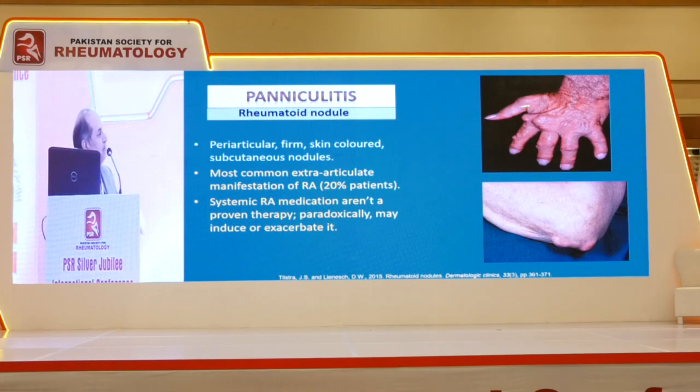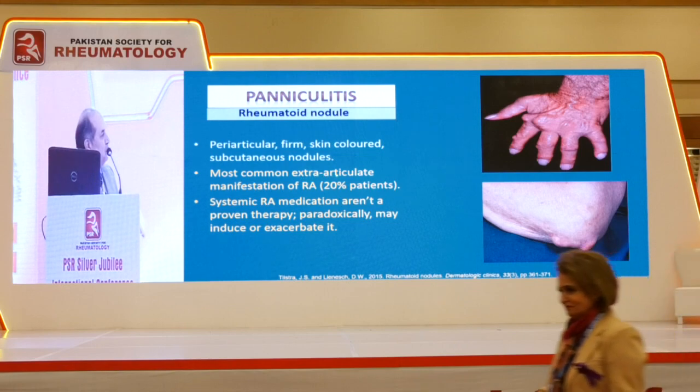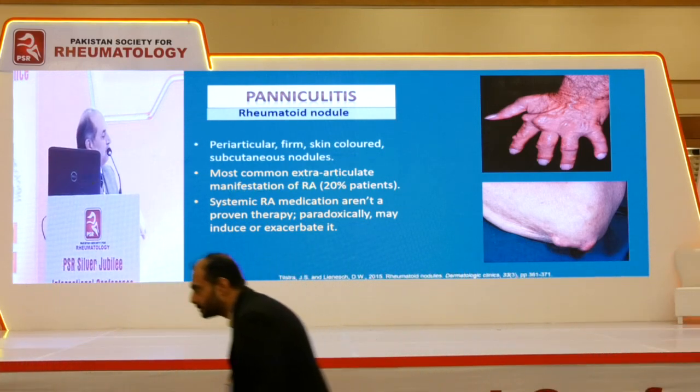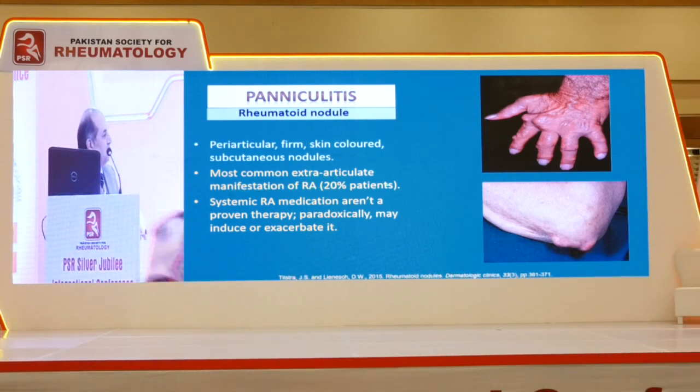Rheumatoid nodules, periauricular nodules: rheumatoid nodules are a sort of panniculitis basically. This is the most common extra-articular manifestation of rheumatoid arthritis, in 20% of patients. Systemic iron medications are not a proven therapy, and paradoxically may induce or exacerbate periauricular nodules.